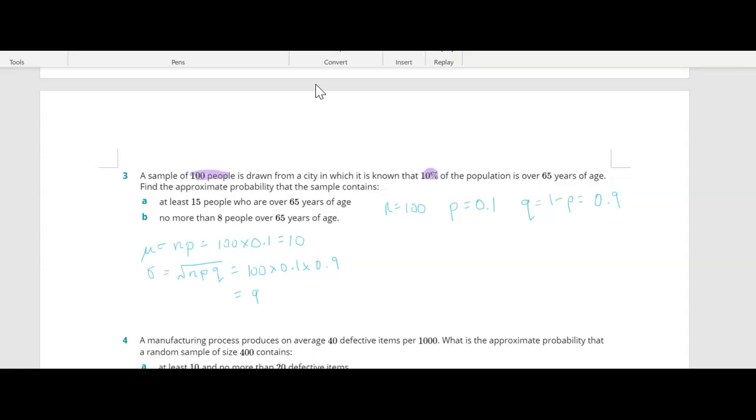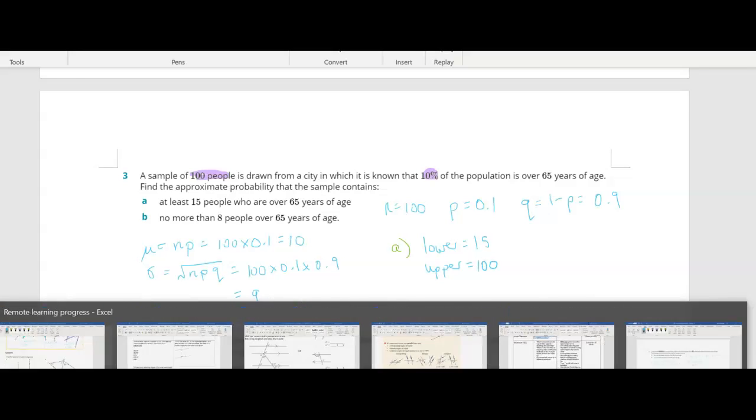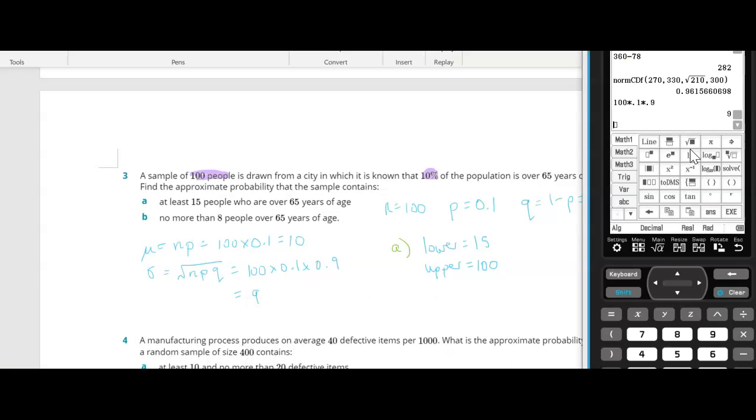All right, so for question A, at least 15 people who are over 65 years of age. So we're going from our lower limit is 15 and our upper limit is infinity. Oh no, sorry, 100. Oops. Okay, where's my calculator? All right, so we can just go to normal CDF.